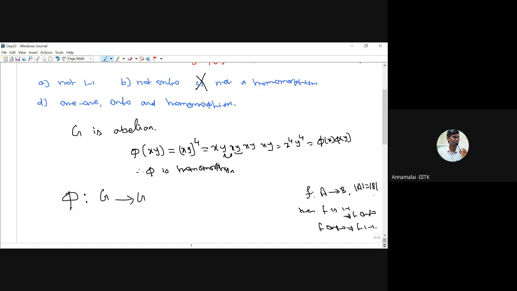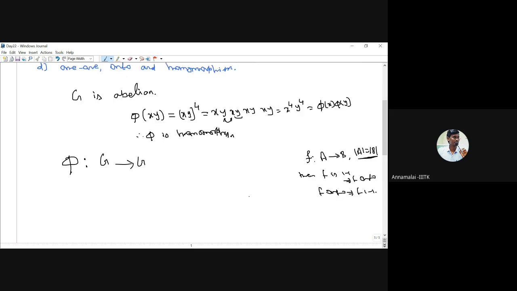Okay, provided both have the same cardinality and are finite sets. Now we have to check the function is 1 to 1 or not. So already we know that this is a homomorphism. To prove a function is 1 to 1, we have to check the kernel. If the kernel of the homomorphism contains only the identity element, the function is 1 to 1. Suppose the kernel contains more than one element, the function is not 1 to 1.